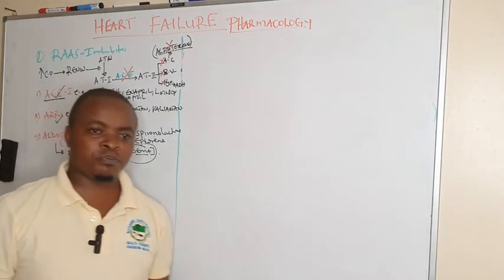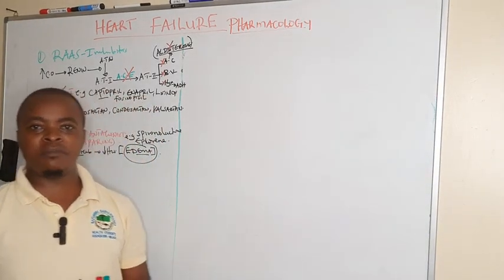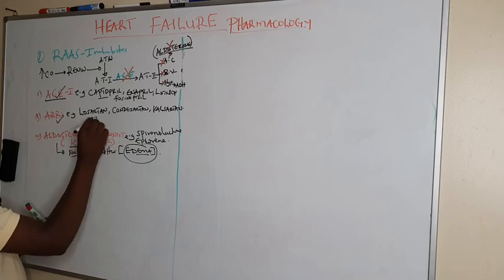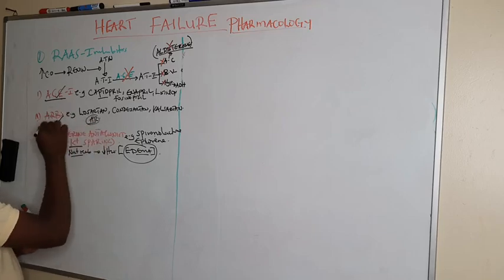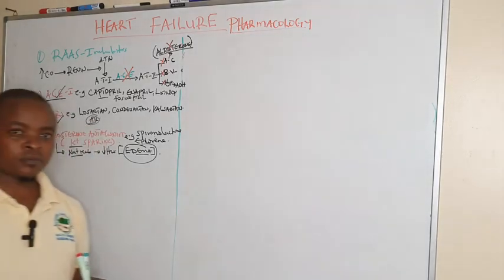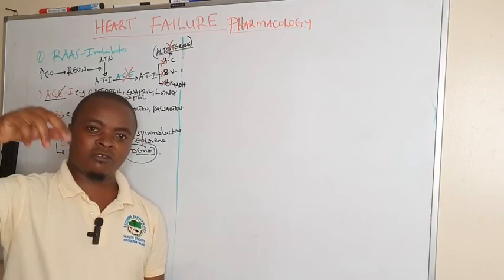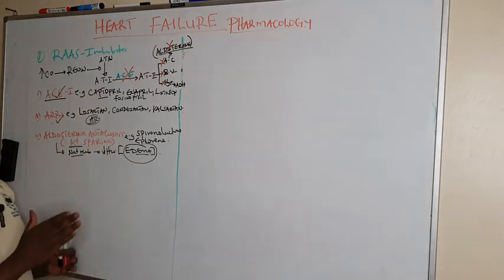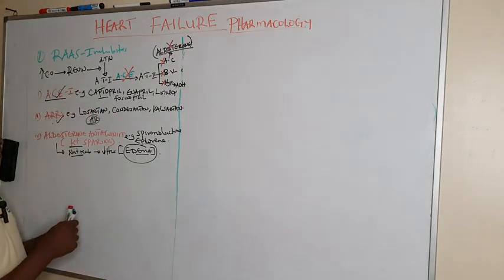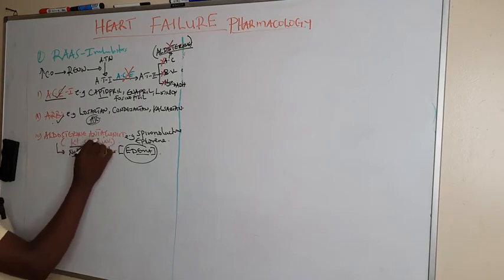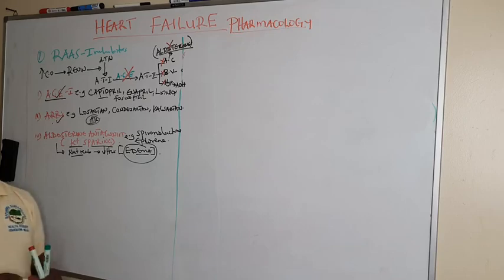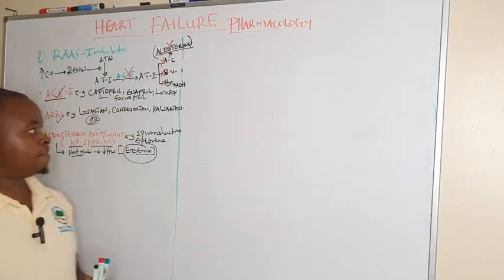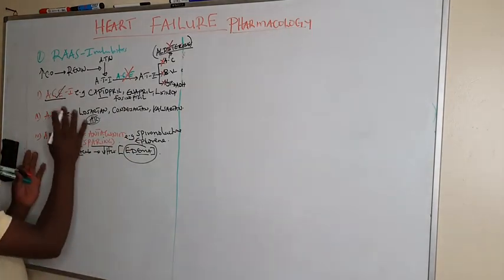Also, in patients with hypokalemia, because one of the side effects or ADRs of ACE inhibitors and ARBs is causing hypokalemia by increased loss of potassium, we can opt for aldosterone antagonists, which we are calling potassium sparing, and a peculiar example is spironolactone.